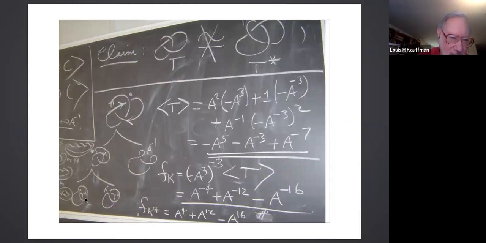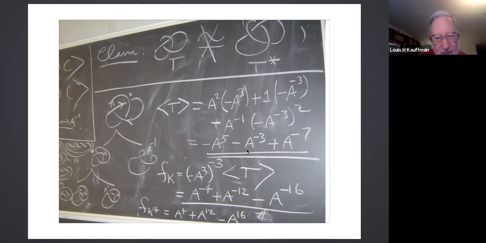So I can say immediately, just getting down to these 3 guys, that the bracket of the trefoil knot is going to be a curl evaluation times A squared, plus another curl evaluation times 1, A inverse and A, plus another curl evaluation times A inverse. So that looks like this: A squared, curl evaluation 1, curl evaluation A inverse, curl evaluation, and adds up to minus A to the 5th minus A minus 3 plus A to the minus 7.